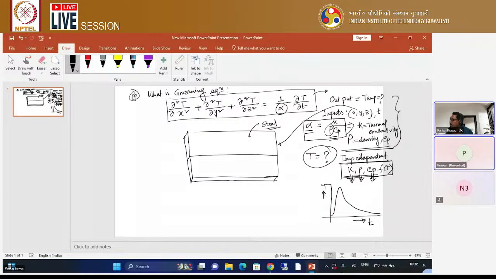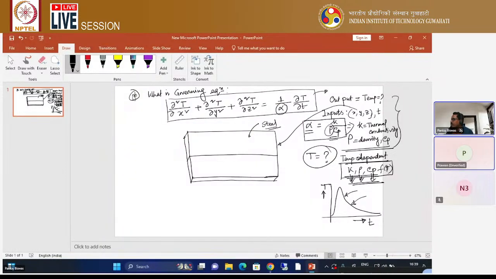With time, you see how the temperature profile varies. This temperature profile will generally match the experimental one once you use the input parameters correctly. If the input parameter is temperature dependent, you will get more accurate results, compared to using a constant material property as input.